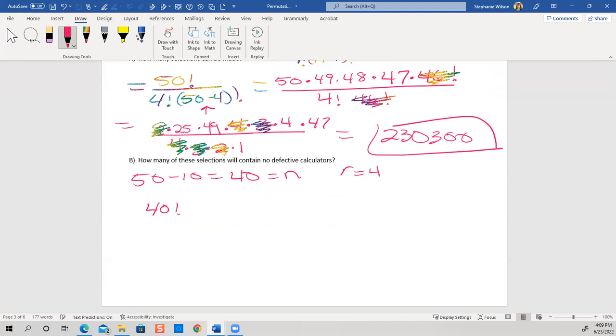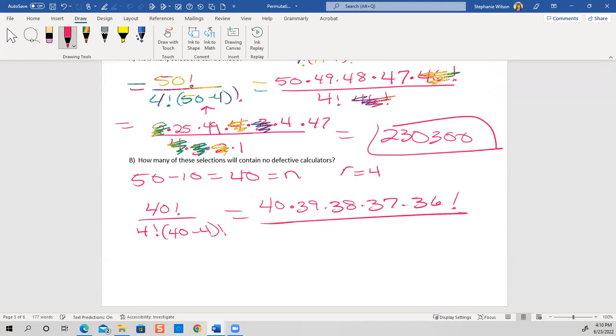We got 40 factorial over 4 factorial times 40 minus 4 factorial. So I got 40 times 39 times 38 times 37 times 36 factorial. And I went that far out because I know 40 minus 4 is going to be 36.